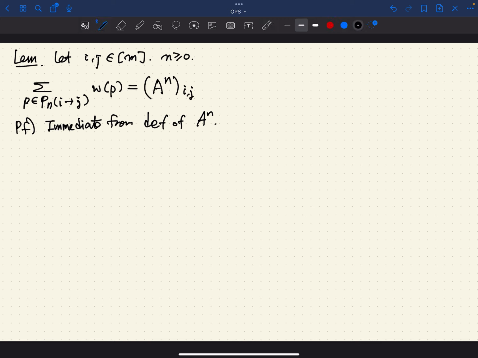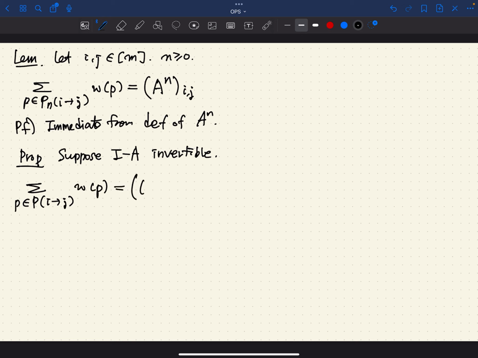All right, but this is the important proposition. Suppose that I minus A is invertible. Then the generating function for all possible paths from i to j, of any length, is equal to the ij entry of (I minus A) inverse.